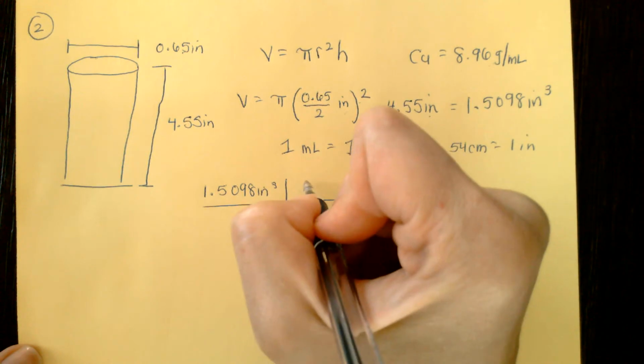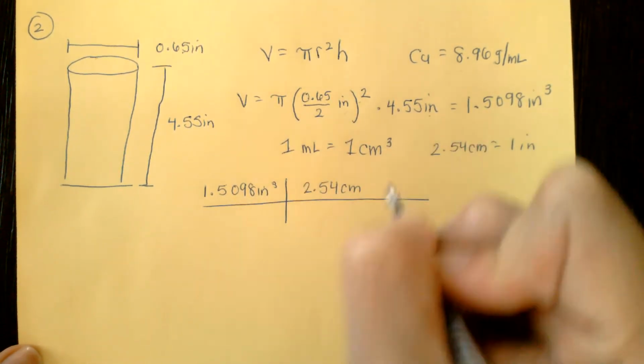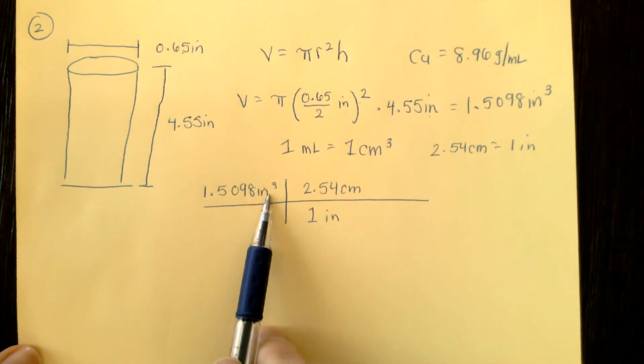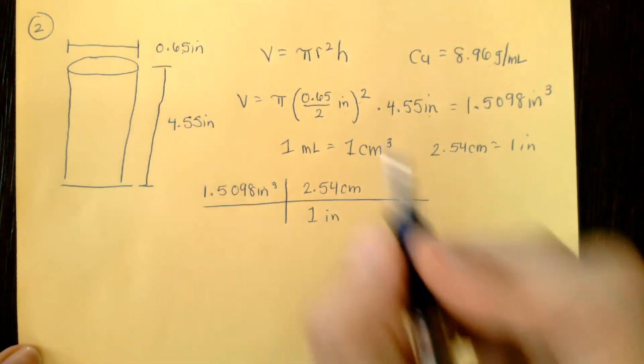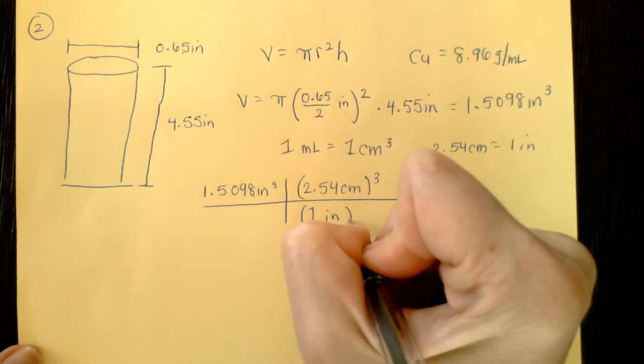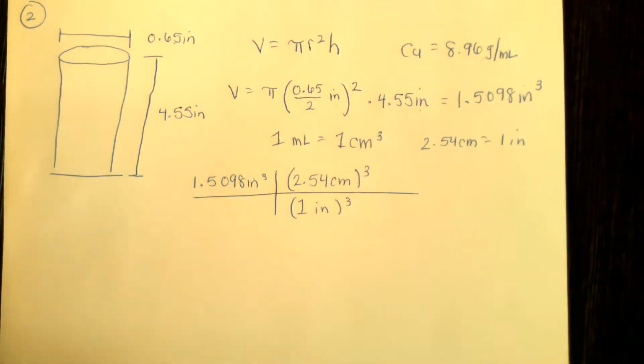Okay, so to convert to centimeters, we're going to put our 2.54 centimeters in the numerator and the 1 inch in the denominator. But we need these to be in 3 dimensions, so cubes. So we're going to then cube and cube. So we're going to take our units and cube them. So we're going to take our 2.54 and cube that.